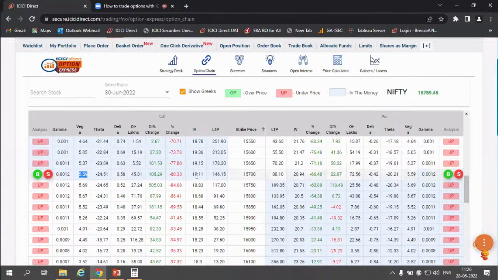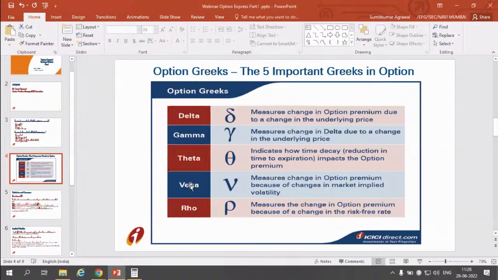If the implied volatility drops by 1%, so let's say from 19 it drops to 18, the option premium will drop by 5.5 rupees. So 146.65 minus 5.5 rupees, so if it decreases by 1%, the price of this option will become about 140 rupees. This is how Vega and implied volatility go hand in hand.